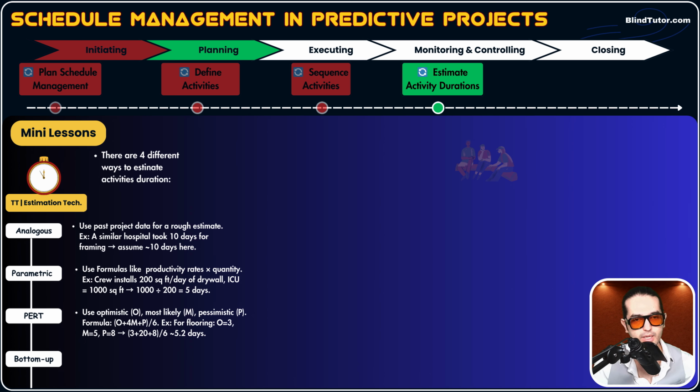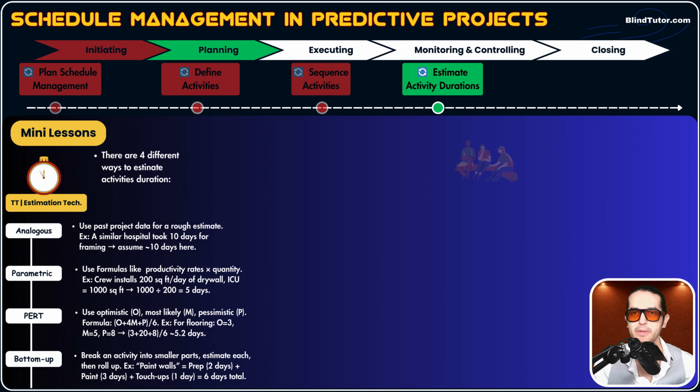Okay, awesome. And the last estimation technique is bottom-up estimation, guys. Bottom-up estimation is the most accurate estimation. What's bottom-up? We break down activities into smaller parts. Now, remember, whenever we do decomposition, accuracy increases. Why? Because we have a better idea of the tasks that we need to do to complete that activity.